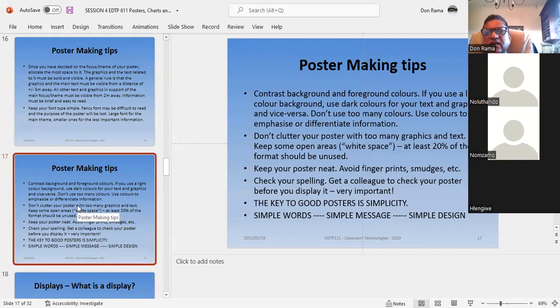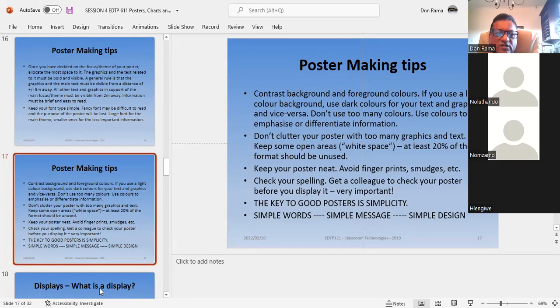It's very similar to charts, but here in poster making, we have very focused information. We don't have too much writing in a poster. The poster centers around the visual and a little bit of writing.